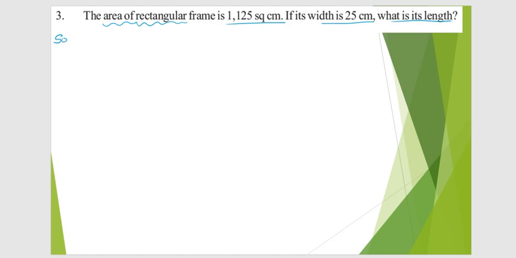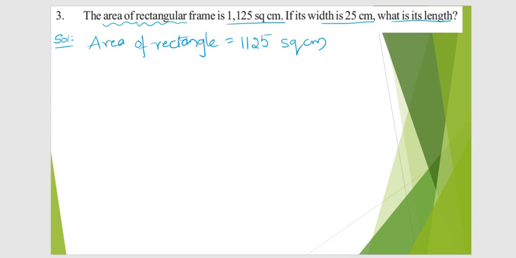Since we are discussing a rectangle, first of all we need to write down the things that are given to you. Area of rectangle is equal to 1125 square centimeters. Next, what has he given?